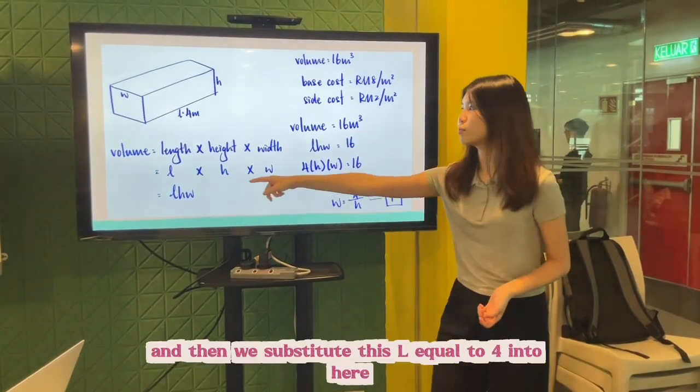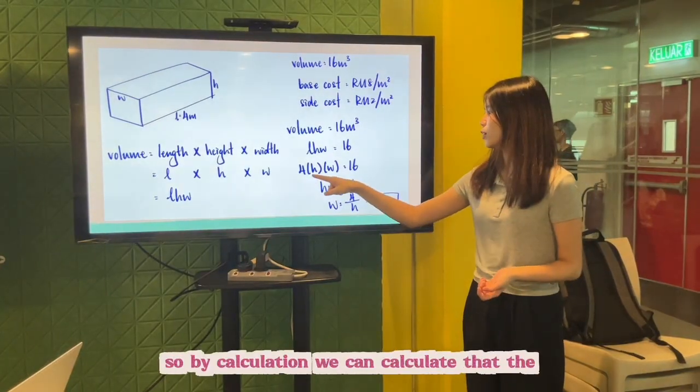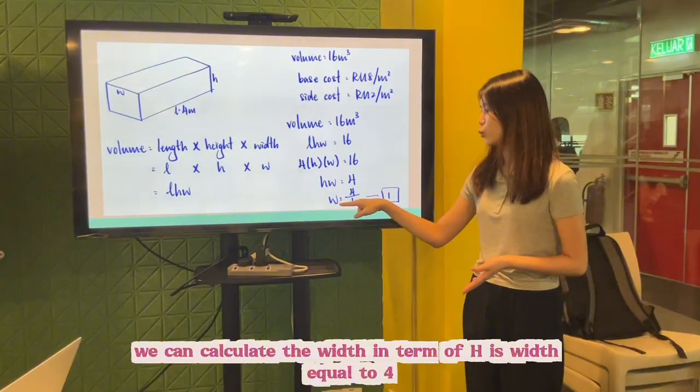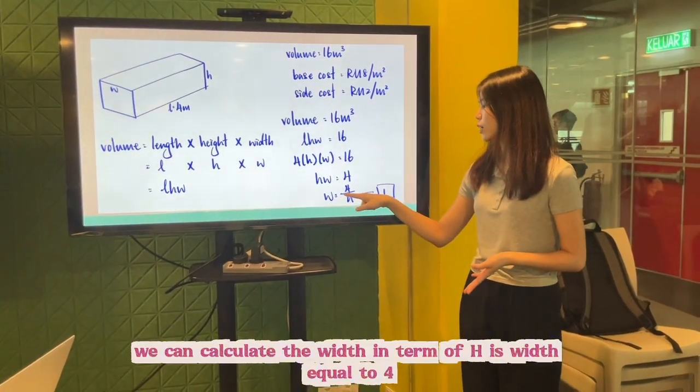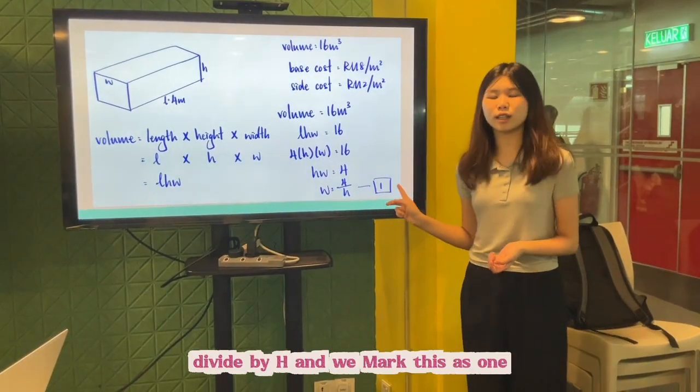And then we substitute L equal to 4 into here. So by calculation, we can calculate the width in terms of H: W equals 4 divided by H, and we mark this as 1.